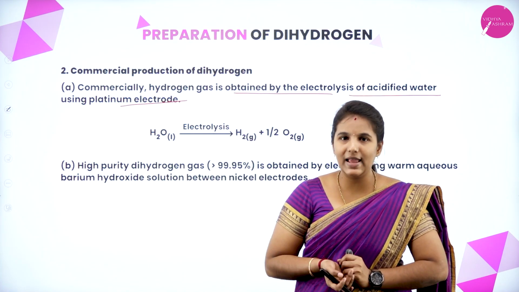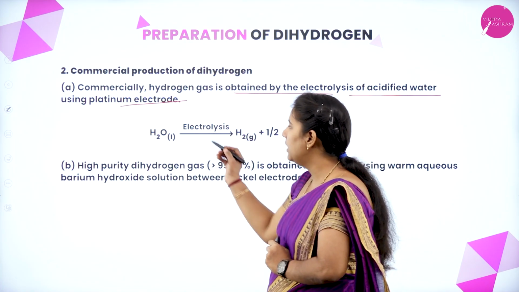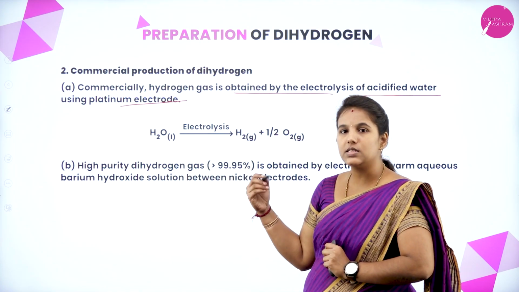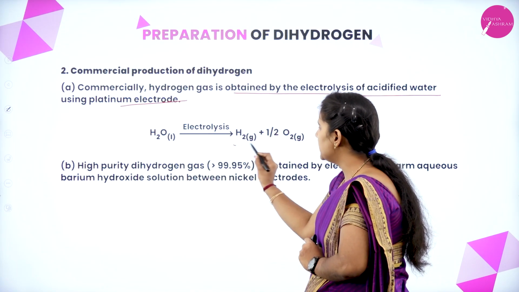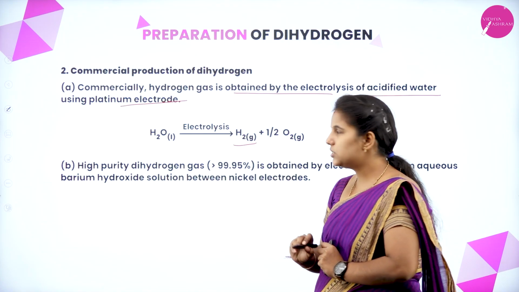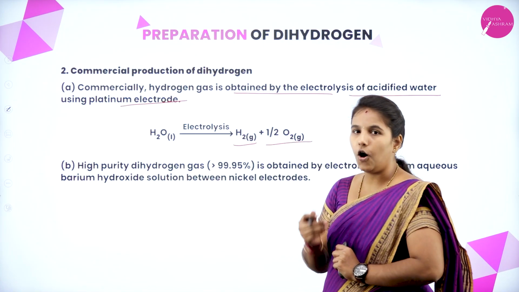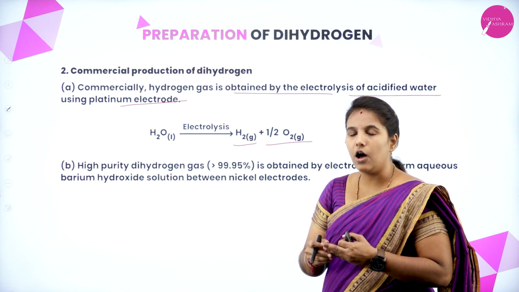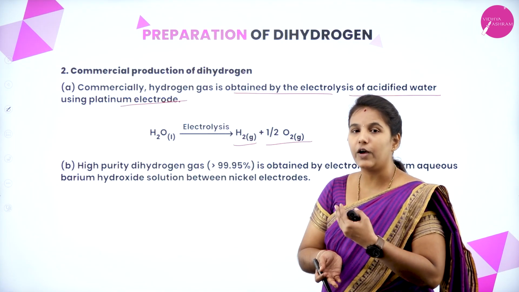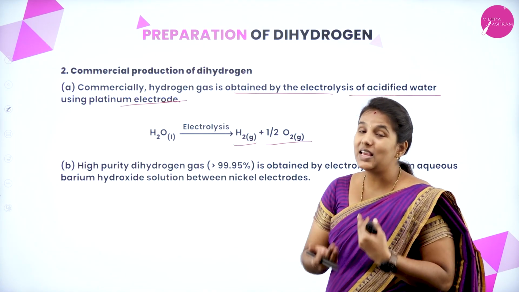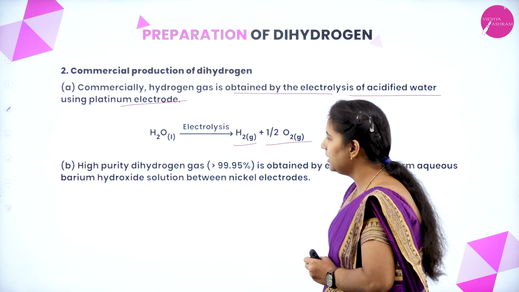When you apply the electrical field, the water will undergo electrolysis and give rise to hydrogen gas, and also it liberates oxygen. So this is how, by doing electrolysis of acidified water, we can easily generate dihydrogen gas.